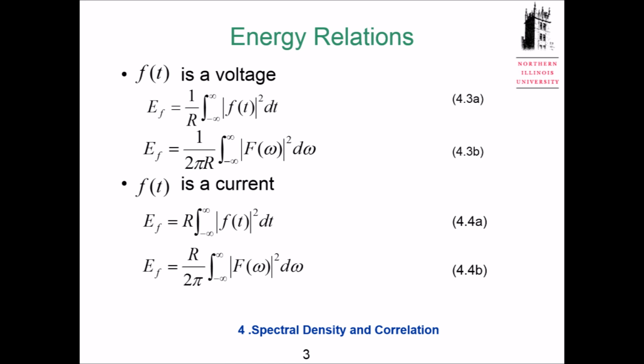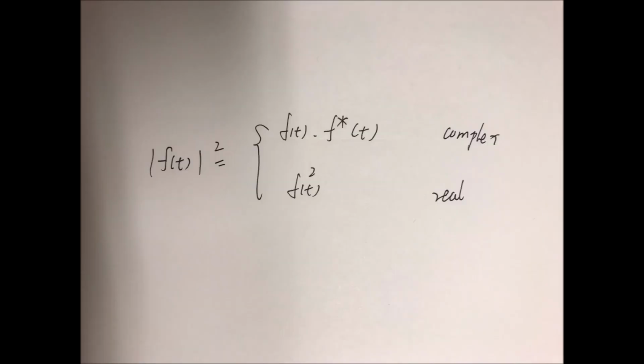I didn't write f squared, because it should be f(t) times f(t) conjugate if my signal is complex.